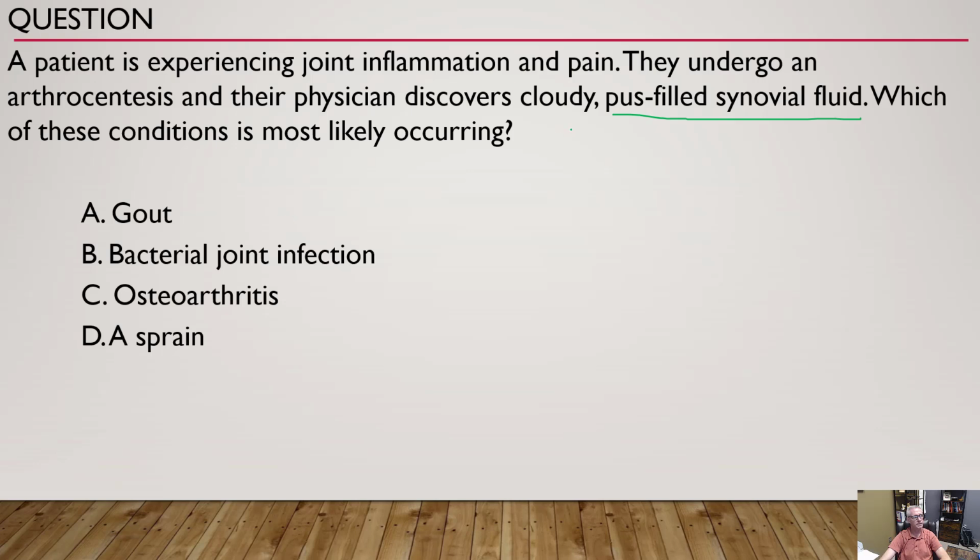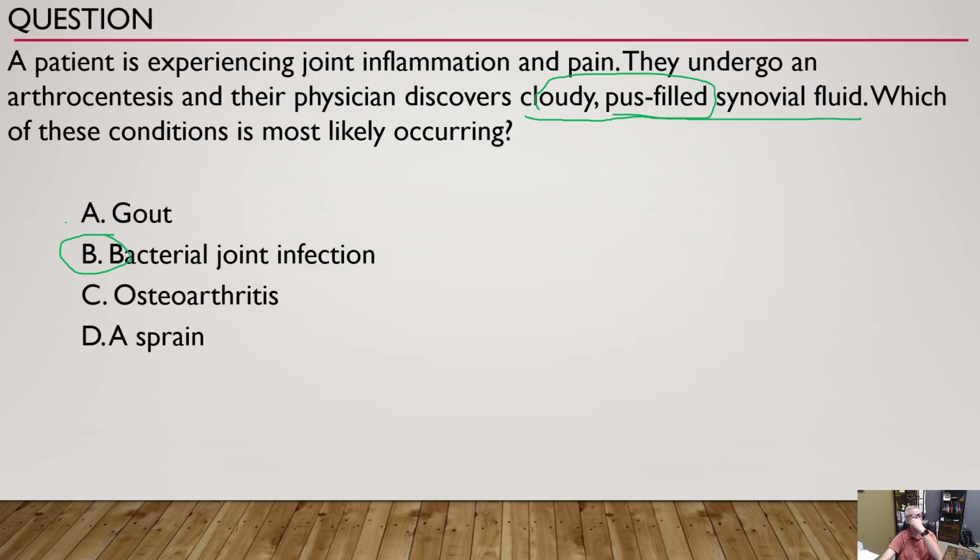So remember that I said your synovial fluid should be water consistency. It shouldn't be cloudy. It shouldn't be foul smelling. It shouldn't look like pus. It shouldn't be yellow. So this is actually an indication, cloudy, pus-filled. Think of what happens when you have an infection. So a bacterial joint infection is going to be our answer.